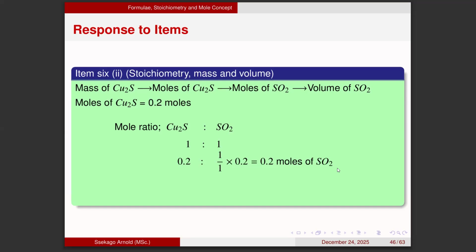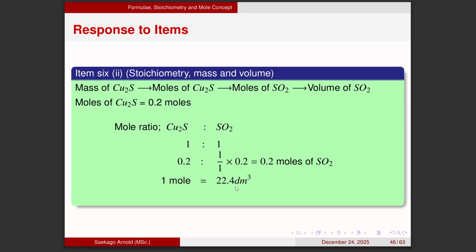Therefore, since we have moles of sulfur dioxide, we convert these moles to volume of sulfur dioxide. How do we convert moles to volume? We convert moles to volume using the concept of molar gas volume. From the mind map and from the information given in the bracket for item 6 Roman 2, 1 mole of a gas occupies 22.4 decimeters cubed.